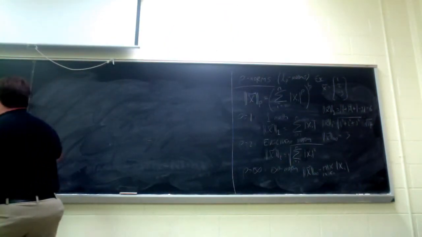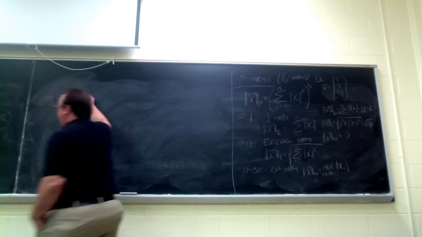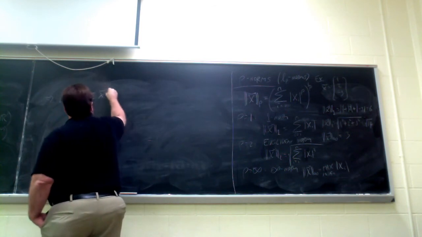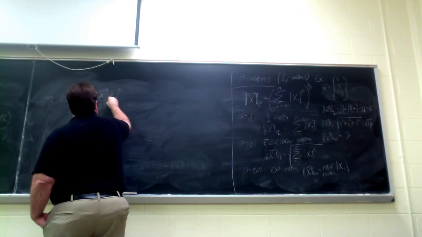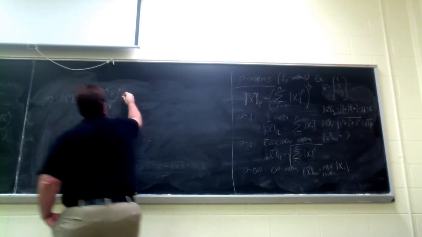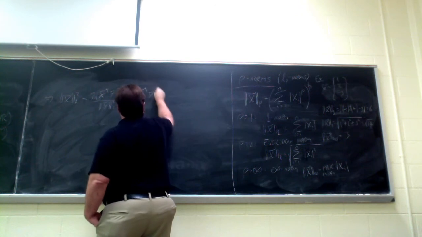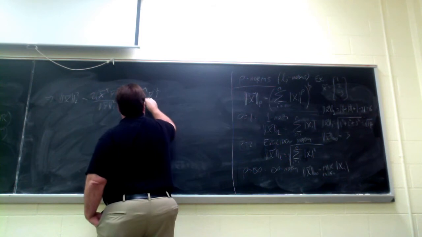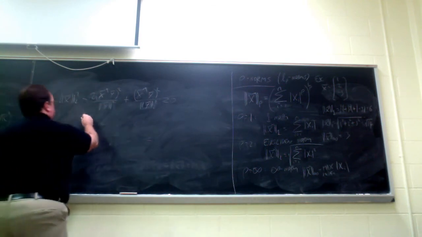So to finish this off, now what I have is 2 norm of x squared minus 2 inner product squared over 2 norm of y squared plus inner product squared, and then I simplify the various powers of norms of y that we have there. And these terms combine.